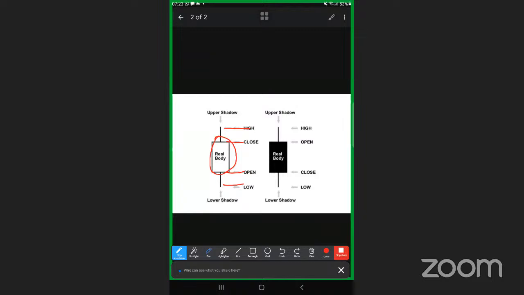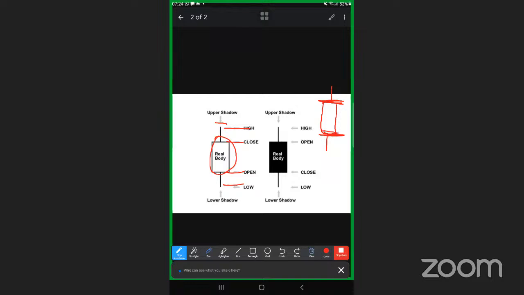I'm calling them the main five because sometimes you may not find what we call the shadow. Sometimes you will find a full body like this without a shadow down or up. In that case, the high of the market becomes where the body has ended, and the low of the market becomes where the body of that candle has ended.